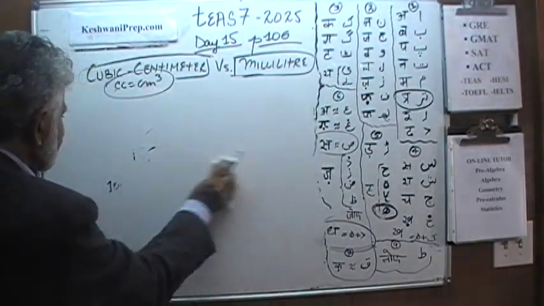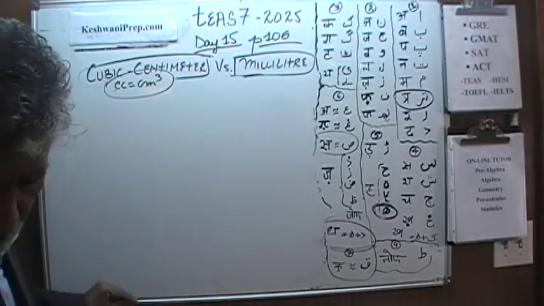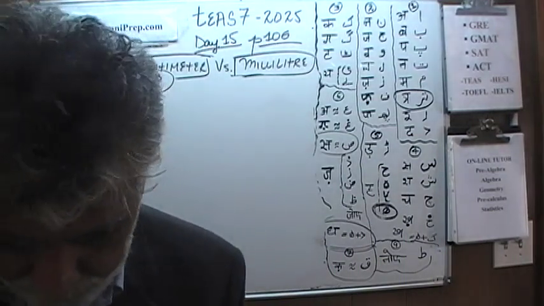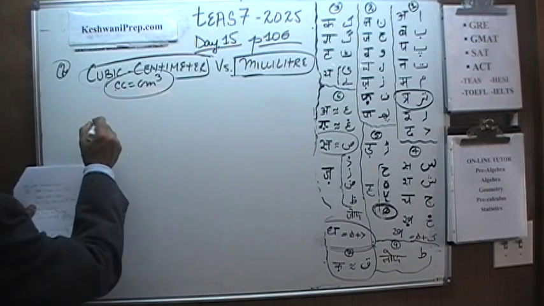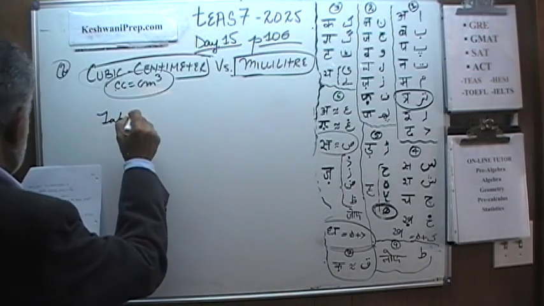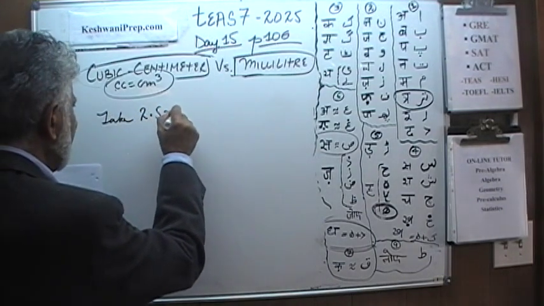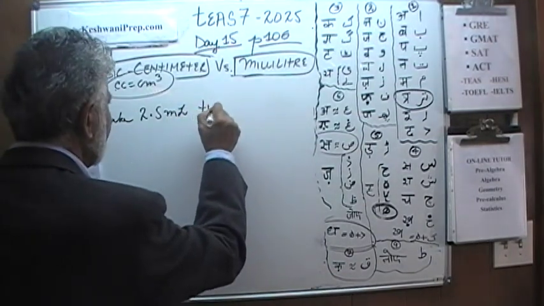Let's do the problem. In problem number 2, we are told that we went to the doctor. Something was wrong, obviously. He gave us a prescription and he told us to take 2.5 milliliter twice a day.